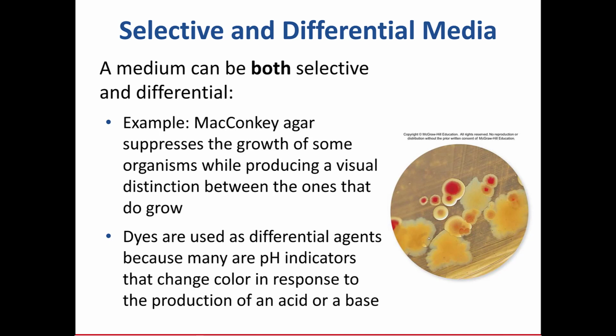So MacConkey agar is a good one, so you can see colonies that change colors and then maybe some that don't. But we use dyes as differential agents, pH indicators that change as a response to production of acid or base, all sorts of things that we can do if it produces hemolysin or not. We use blood agar and those sorts of things.